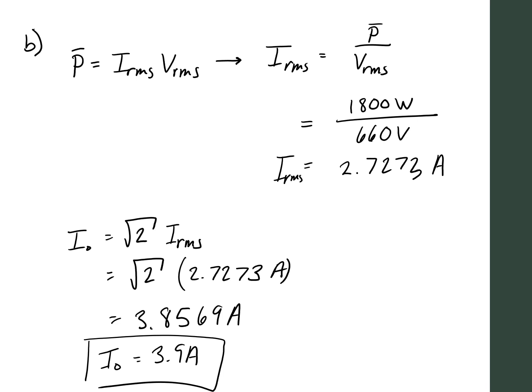That means we're going to be able to treat this alternating current, even though it goes back and forth between positive and negative 3.9 amps, as if my current throughout the wire is consistently 2.7 amps. So all of this is just so we can pretend that an alternating current is like a direct current.